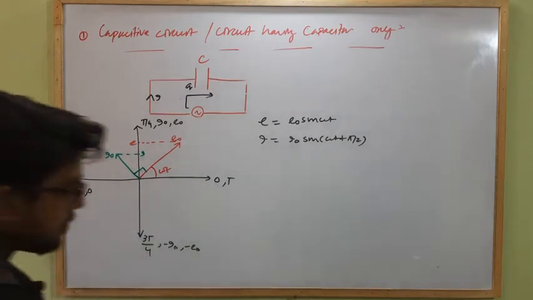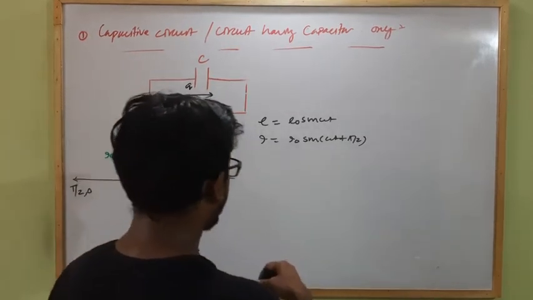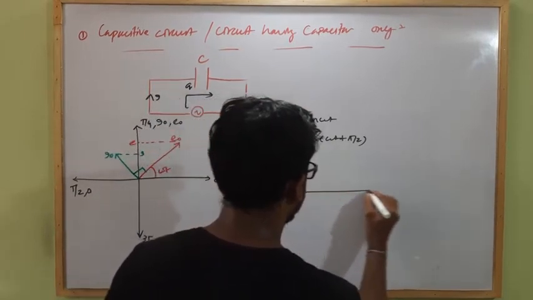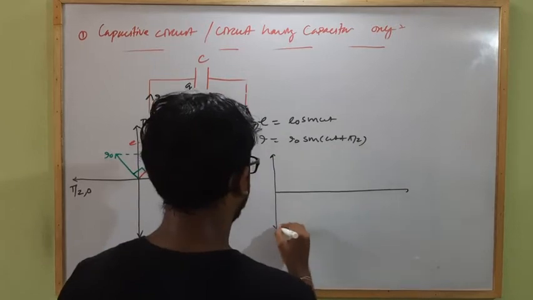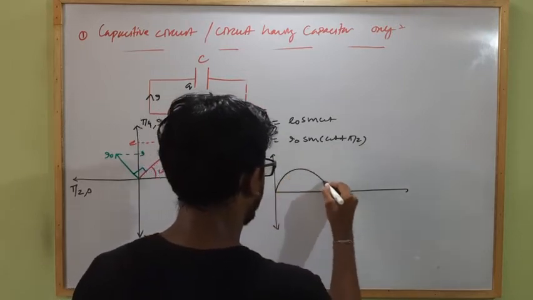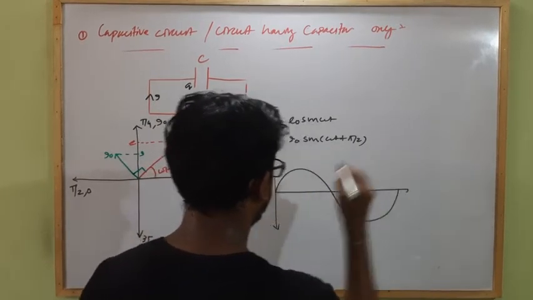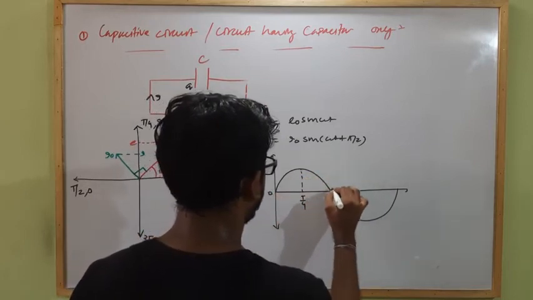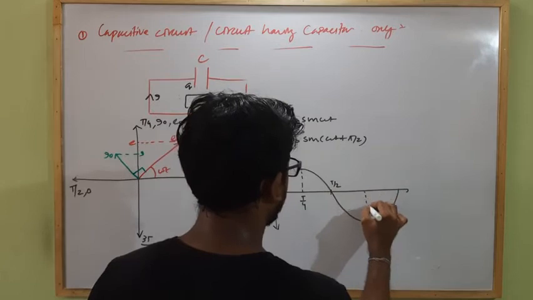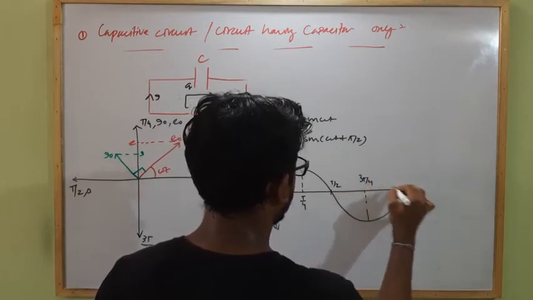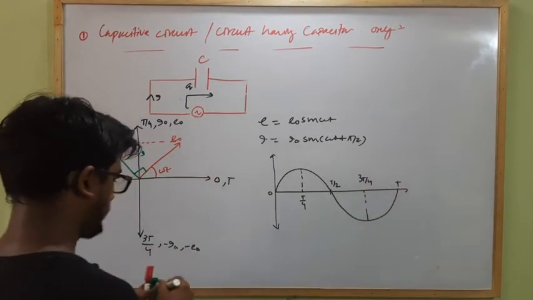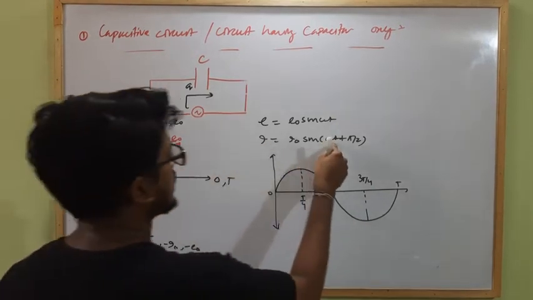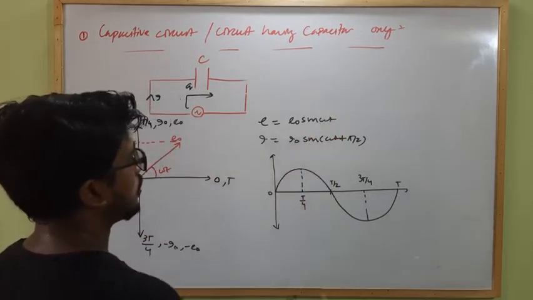Okay. So now what is the wave diagram? If this is the diagram for alternating EMF, 0, T by 4, T by 2, 3T by 4, T. Then the alternating current, if I am putting t equal to 0 here, it will be how much?